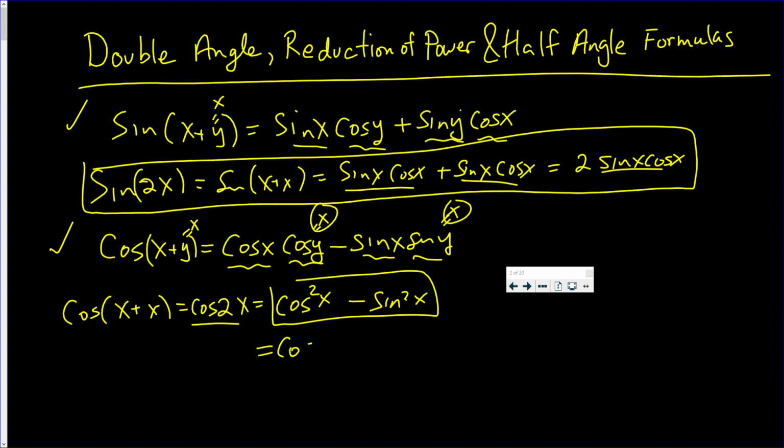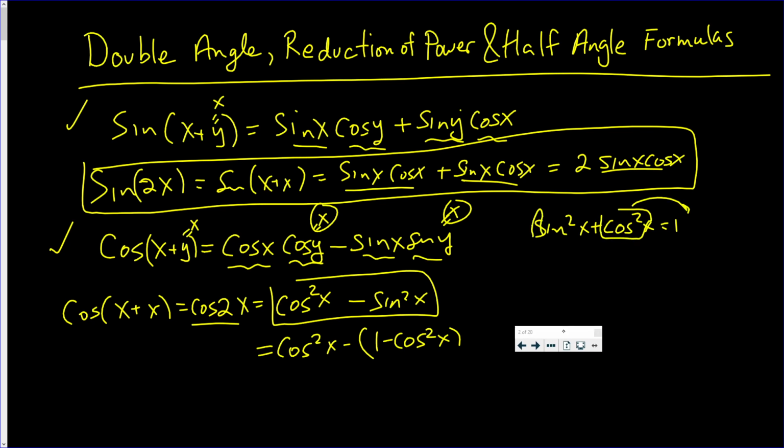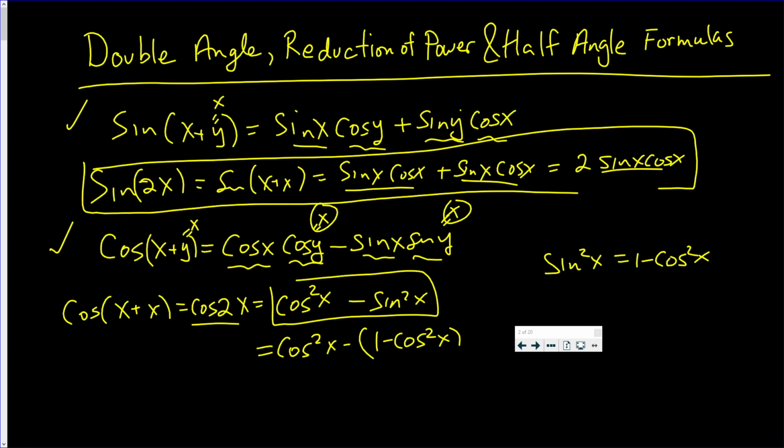But there are other ways. Sine squared x is 1 minus cosine squared x, because sine squared x plus cosine squared x equals 1. And if you bring this to the other side, you will get that sine squared x is equal to 1 minus cosine squared x. So that's another way of writing sine squared x.